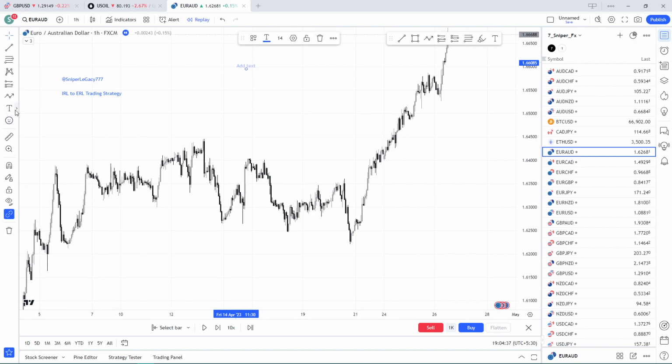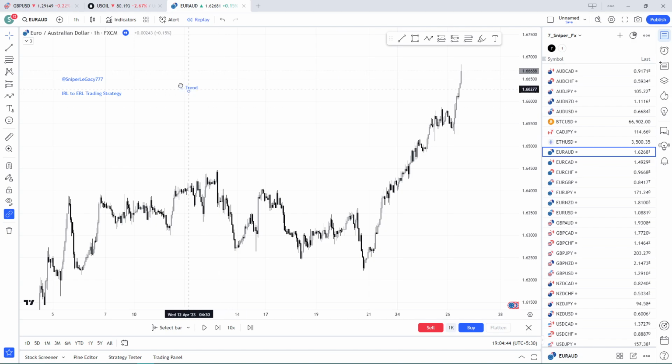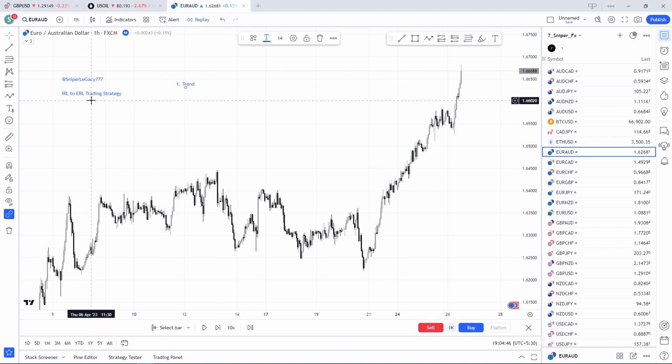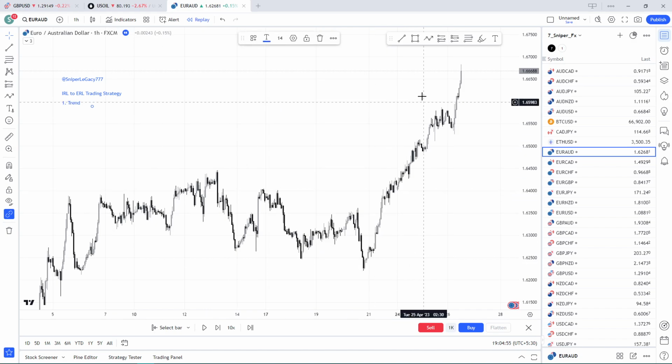Just a second guys, I'll add this as anchor text so that it's not going to move after moving the screen. Okay, good. So the first thing that we need to know for the ERL to IRL trading strategy is what the trend is. Now we know that we have a bullish trend. How do we know?